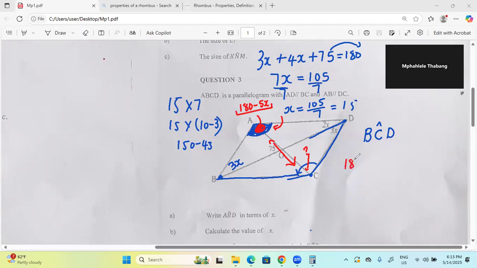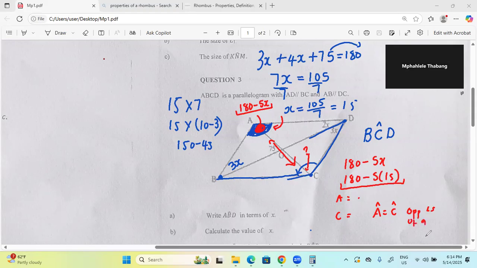We are told that x is 15, so you say 180 minus 5 times 15. This is angle A, and whatever you get after pressing your calculator is also C. But you must tell us that A is equal to C, because opposite angles of a parallelogram are equal. In geometry, it's very important to provide reasons.